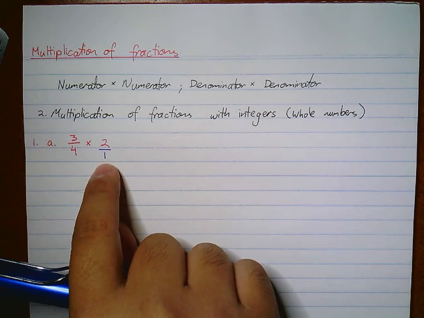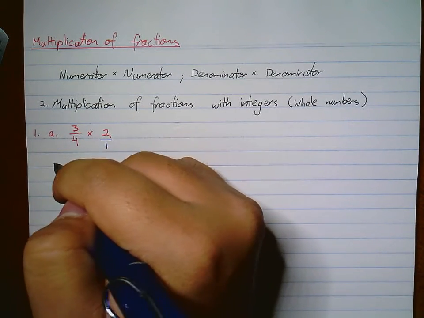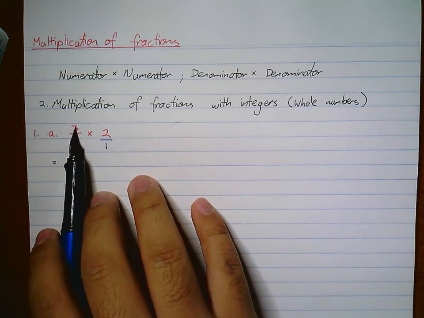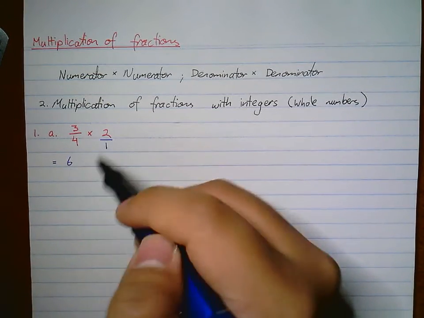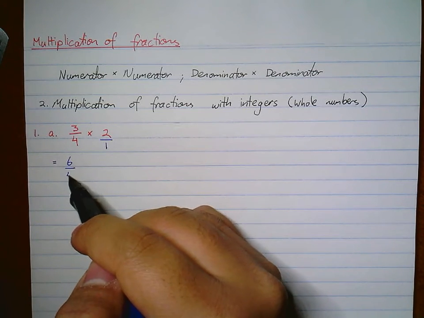But really there's a secret or a hidden 1 as a denominator there. And from this point now it becomes very trivial, and it's a matter of multiplying the numerator times the numerator. 3 times 2 is 6, and 4 times 1 is 4.